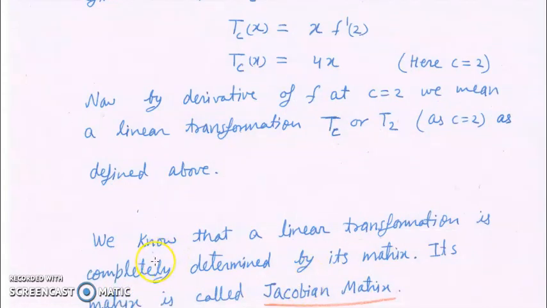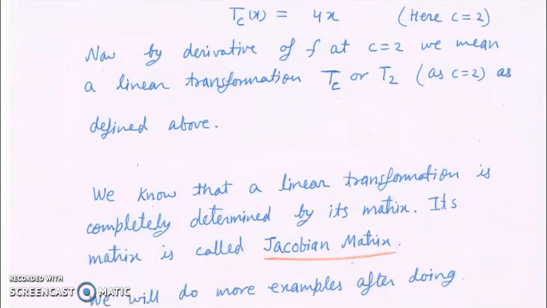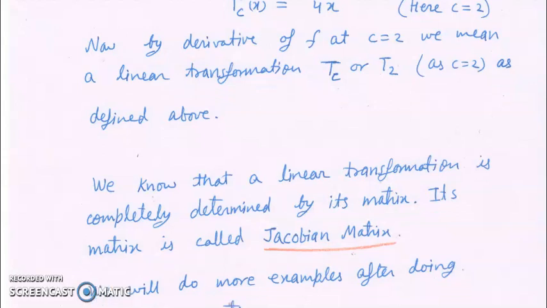Now we know that a linear transformation is completely determined by its matrix with respect to a fixed basis. So the matrix of the derivative with respect to the standard basis is called the Jacobian matrix.